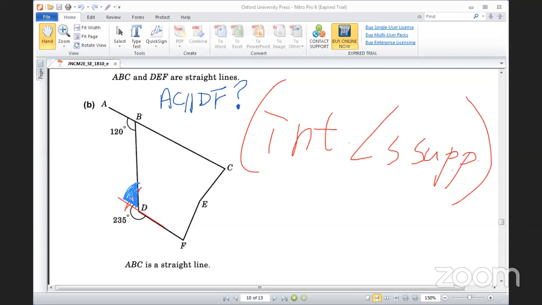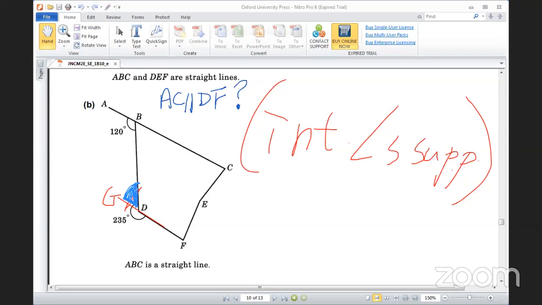There is no line after point D. We just have line segment FD only. That's why you need to tell people first, you have to extend FD to point G, and then you're looking at the angle BDG, right?